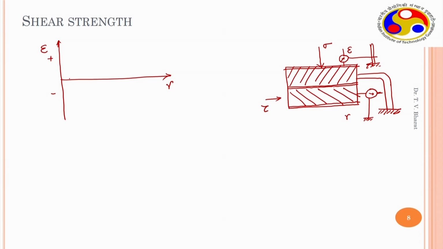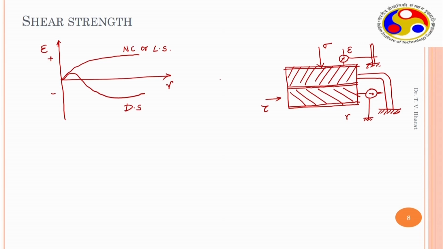We often observe that NC soils behave in this manner, and OC or densely compacted soils exhibit this kind of behavior. So this is for NC or normally consolidated clay or loosely compacted sand, and this is densely compacted sand. So these soils exhibit dilation behavior.